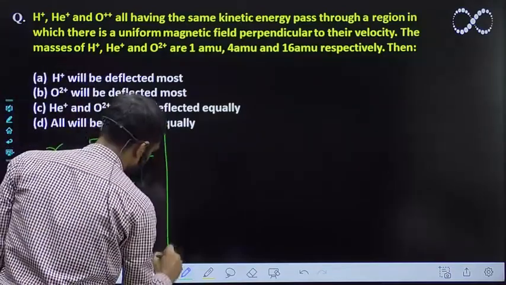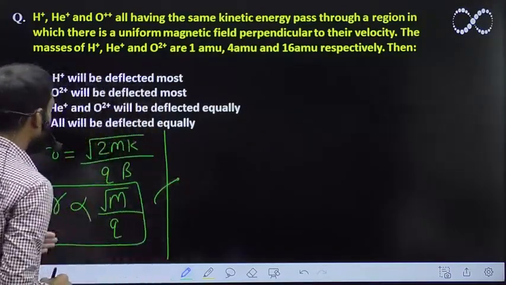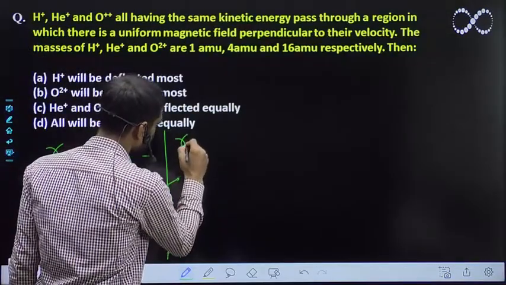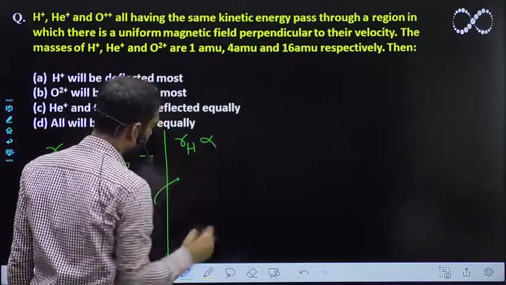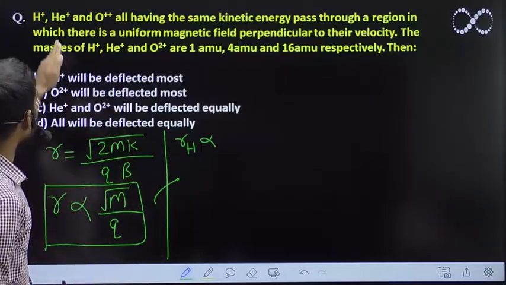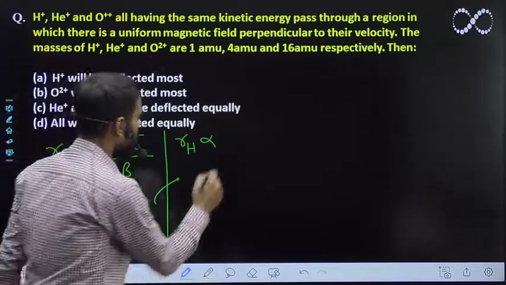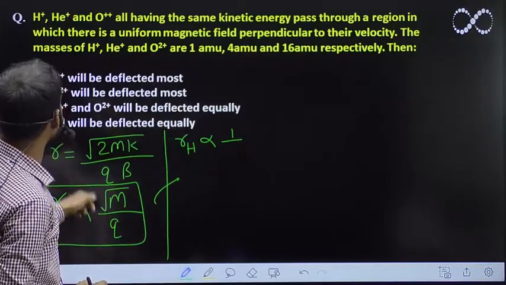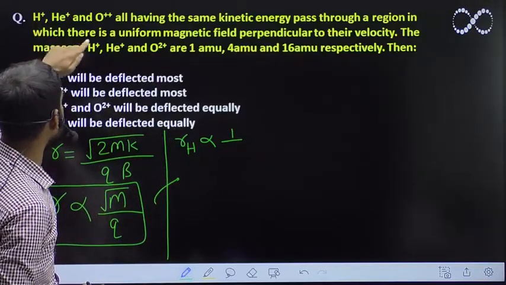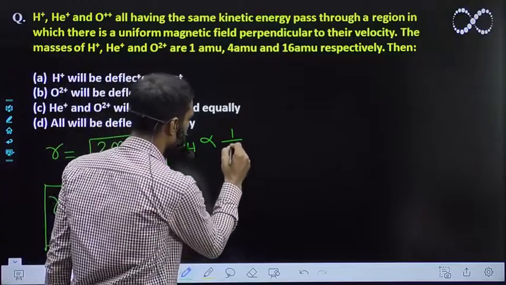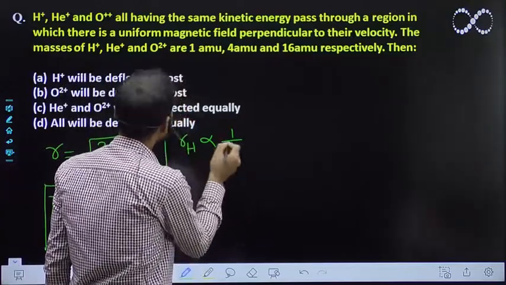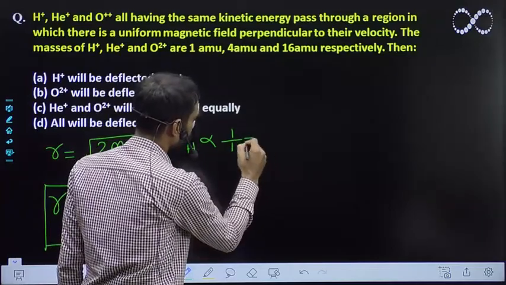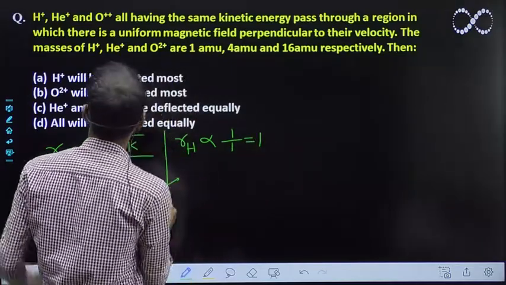Now let us talk about R of H. It will be directly proportional to the mass of H, which is given as 1, upon the charge of H, which is 1 unit. So it is directly proportional to 1. Now let us talk about helium.